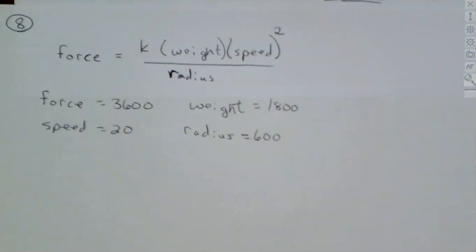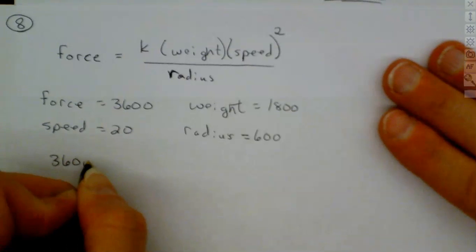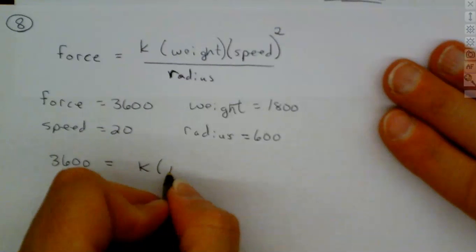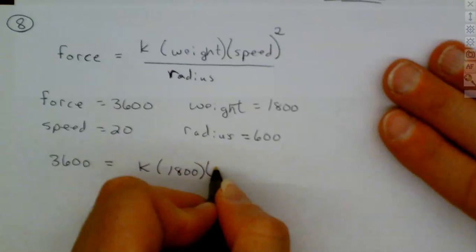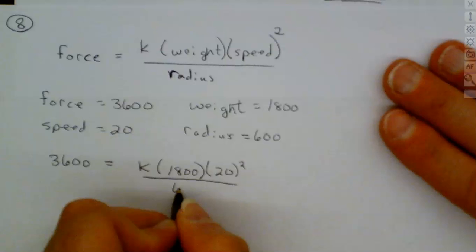We're going to find our K. So that's 3,600 equals K times the weight, which is 1,800, times the speed, but we've got to square it, so that's 20 squared, over the 600.